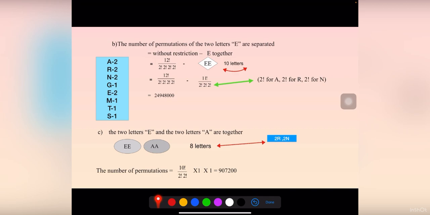Times 1 times 1, where the 1 comes from E, because the two E's are not distinct, they are identical objects, so we consider this as 1, and likewise for A. So the number of ways is 907,200 ways.